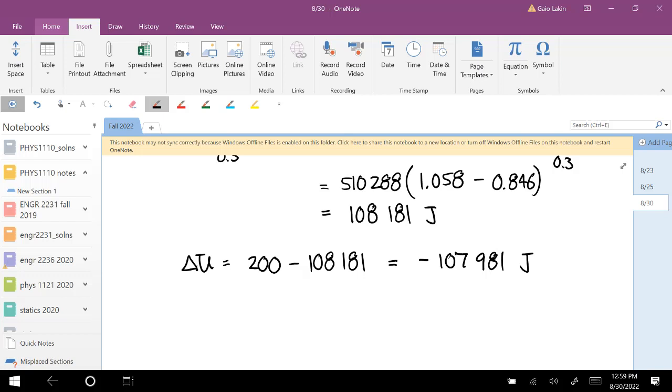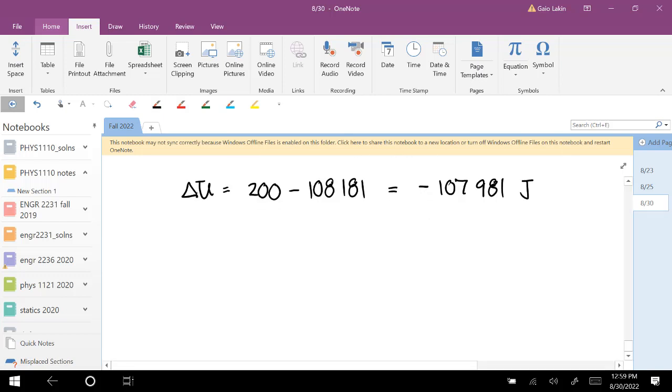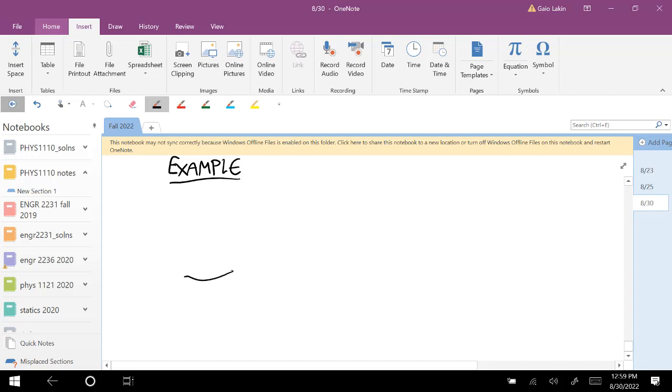Okay, let's do a problem like this where we're including intensive properties, and you have to go back and forth between intensive and extensive properties. So let's say that again we have a piston and a cylinder.